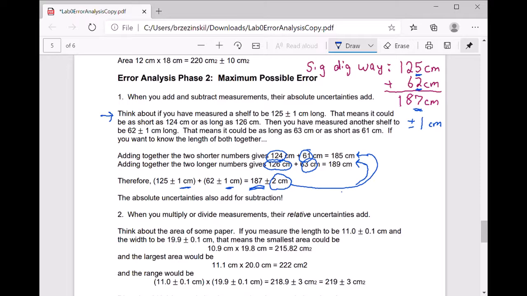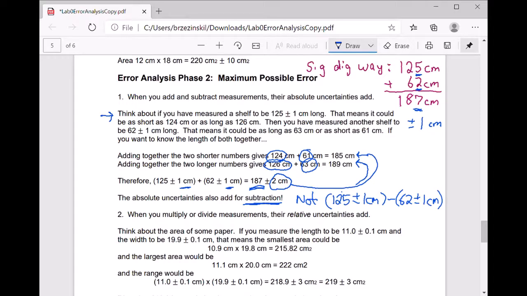Just a quick note here, even if you're subtracting numbers, those uncertainties are going to add. So if you were subtracting the numbers, it's not that you would get 125 plus or minus 1 centimeter minus 62 plus or minus 1 centimeter.